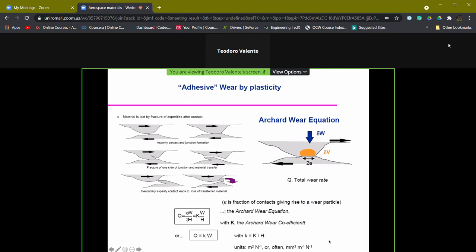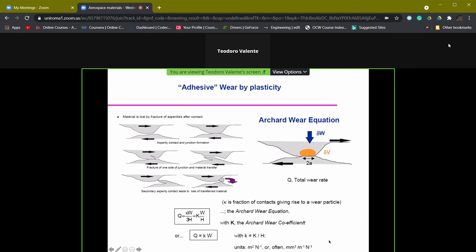So since we do have roughness on the surface, that is, we do have asperities, when these two sliding surfaces are pressed one against another one, we need to make a distinction between the apparent contact area and the real contact area.